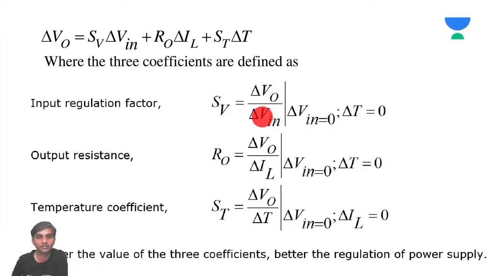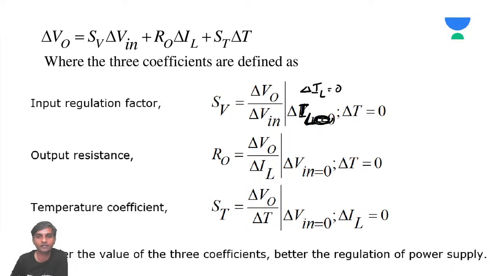I think here something went wrong. I think this is your change in IL. Consider this as a change in IL, assuming ΔIL is equal to 0.